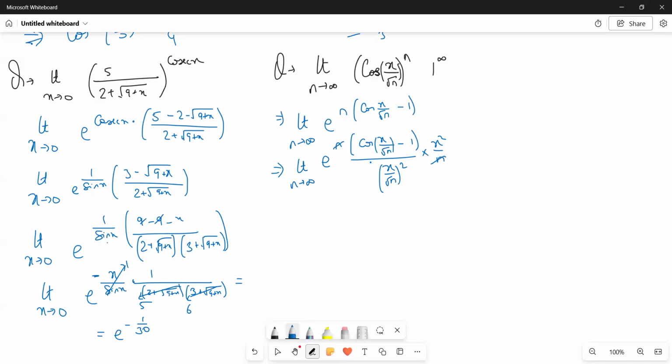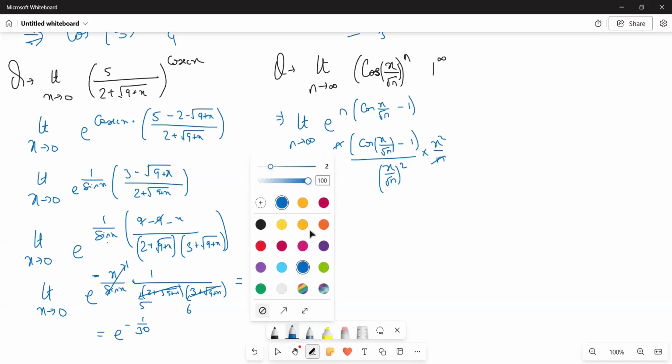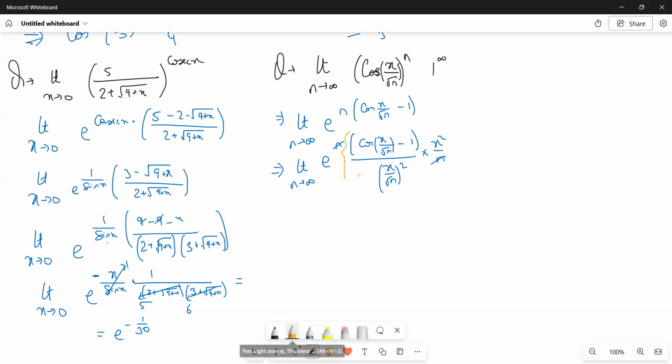And what would be the value of this whole part? What will be the limit of that part? Half. Minus half. It is cos minus 1; the standard limit has 1 minus cos.